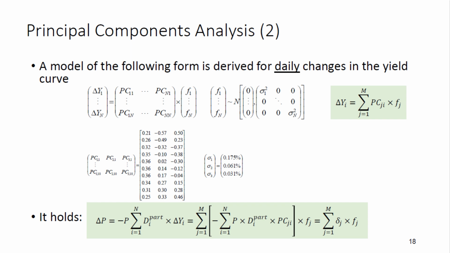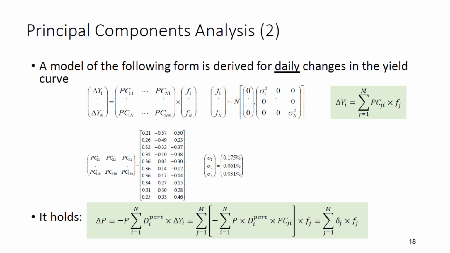If I substitute that in this equation and change the order of the summation, then I have the sum of j is 1 to m, and then the minus sign, the portfolio value, partial duration, and the principal components. And then between parentheses is something that I will calculate, and I will denote with delta j. You simply can do that.